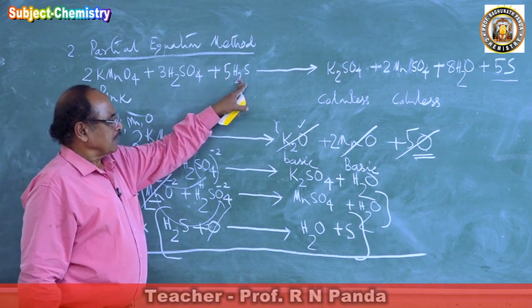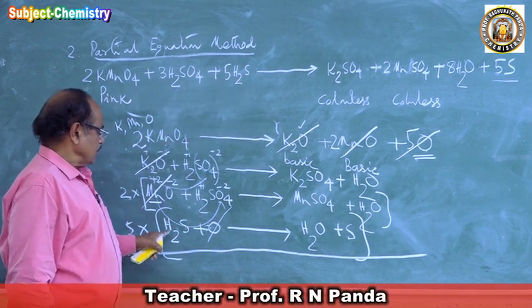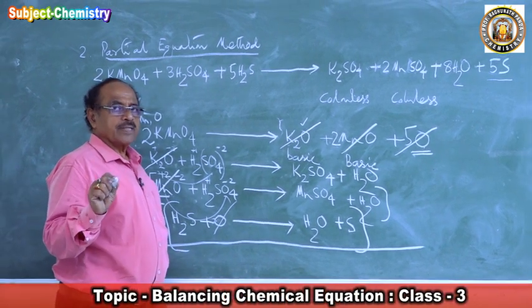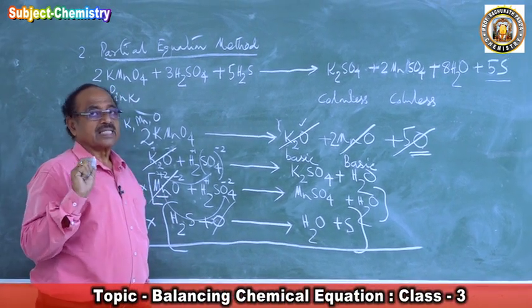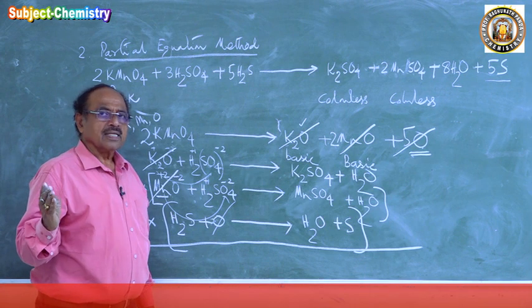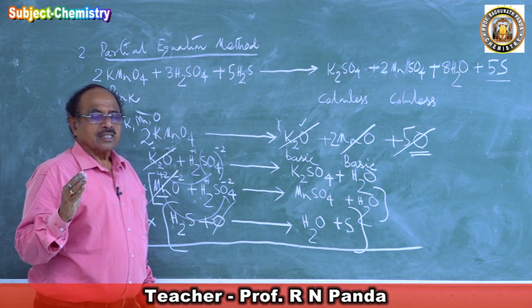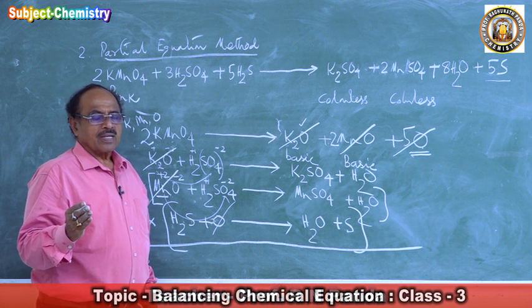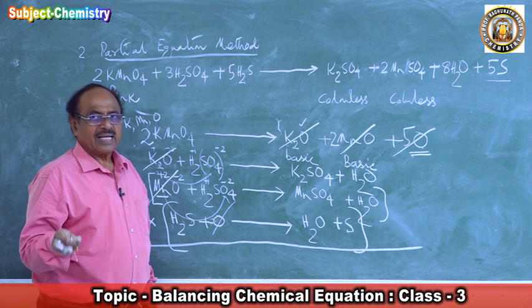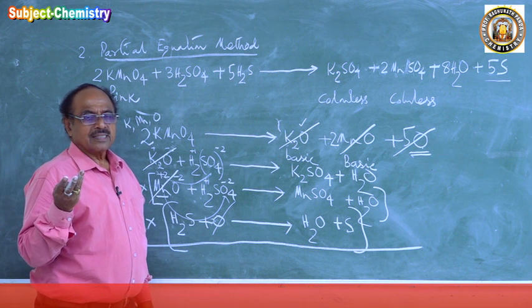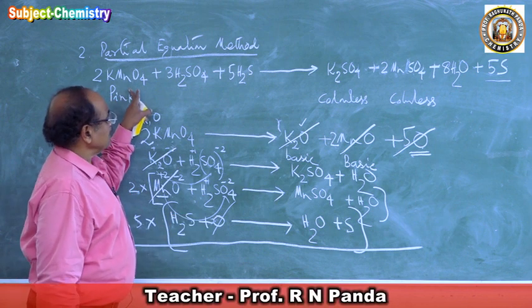And H2S is giving what? Hydrogen. Those which give hydrogen, nascent hydrogen, atomic hydrogen, are called reducing agents. Those who give oxygen are called oxidizing agents.